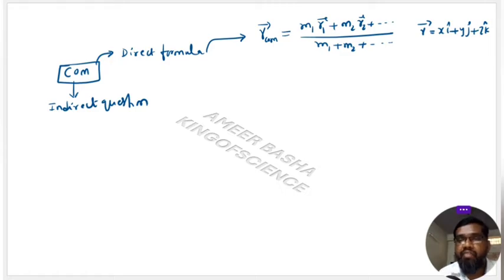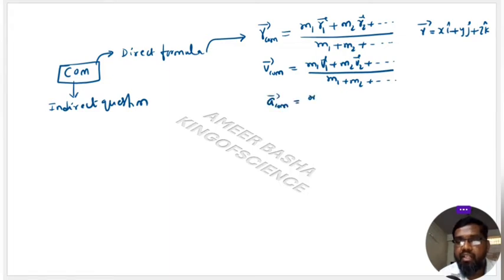Okay. So after this, velocity is the same way, m1 v1 plus m2 v2 and so on, divided by m1 plus m2 plus and so on. Similarly, acceleration of center of mass, m1 a1 plus m2 a2 and so on, divided by m1 plus m2 plus and so on.